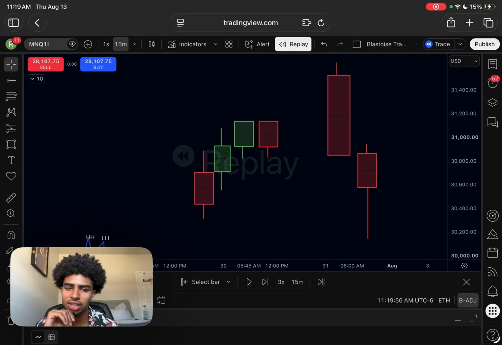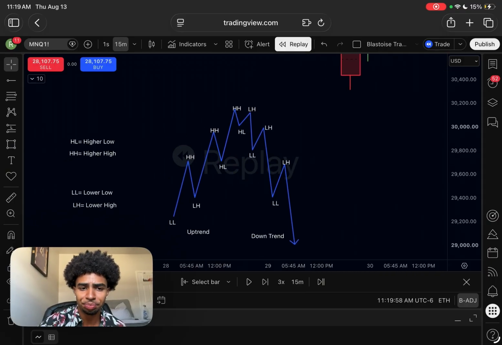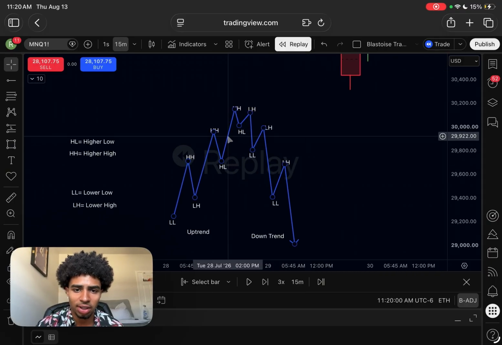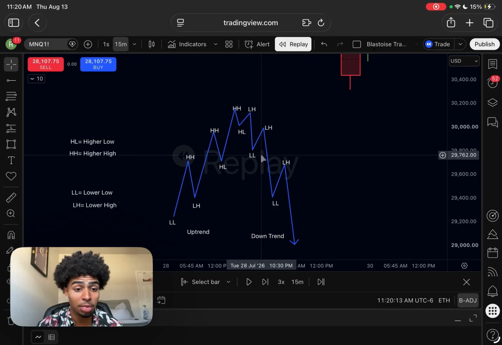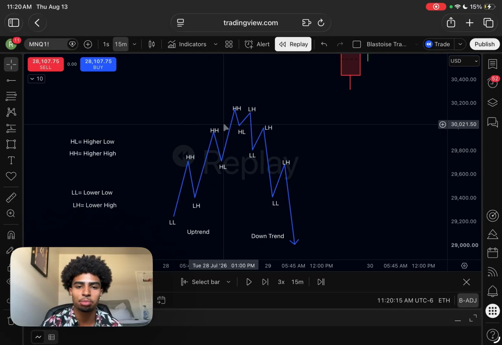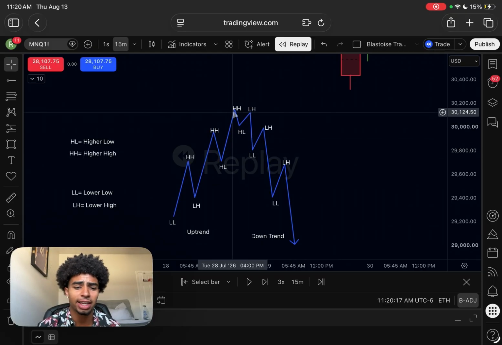Let's say all of these are bullish candles, all the way from right here, and then price gives straight bearish candles. It can do that. Price can hit a zone and straight dump like crazy.